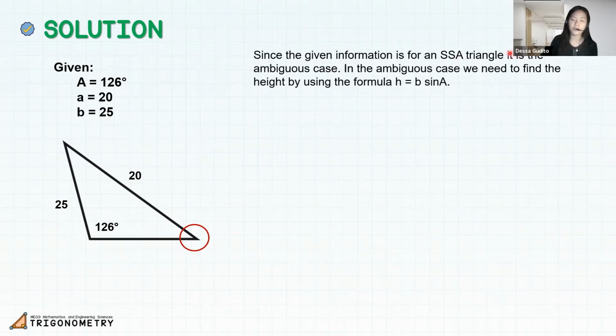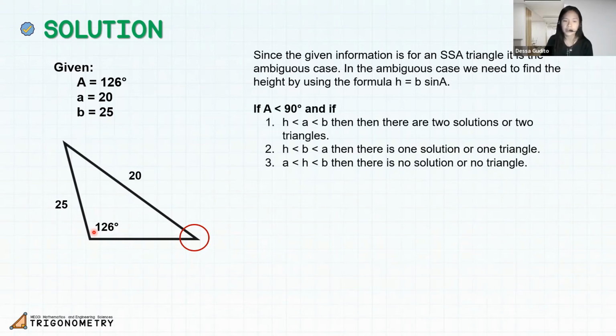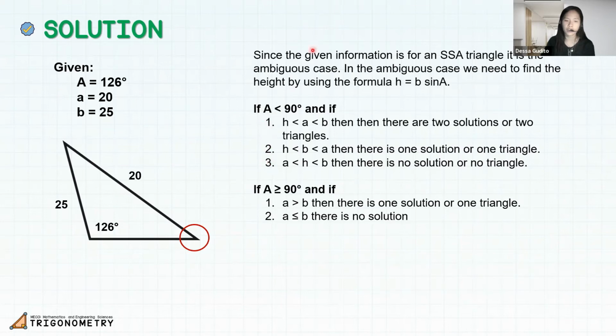So in the ambiguous case, we need to find the height or the altitude of the triangle using the formula h is equal to b sine of A. But before that, we need to determine first if the triangle is an acute triangle or an obtuse triangle. By doing so, we can go through the cases depending on the type of angle that we have.